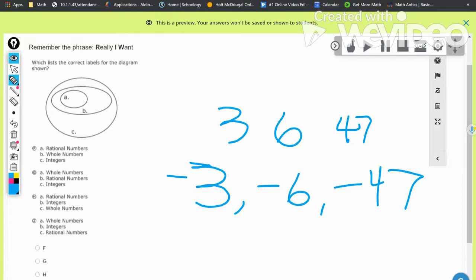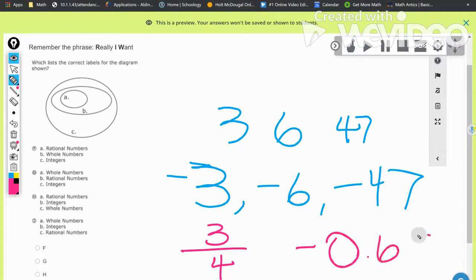But then when I'm talking about rational numbers, they have fractions and decimals. So 3/4 is a rational number and 0.65, that is a rational number. It is not an integer and it is not a whole number. These are rational numbers only.